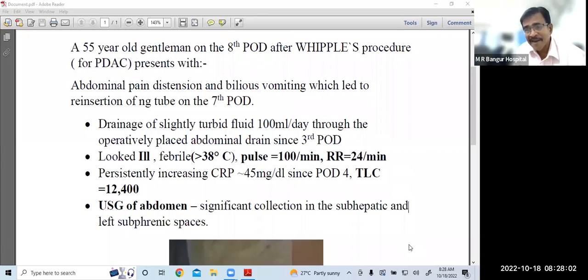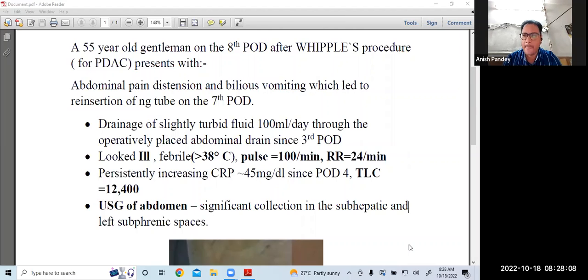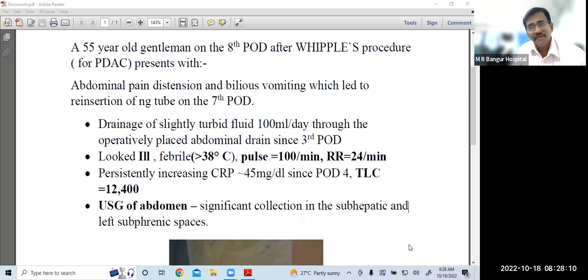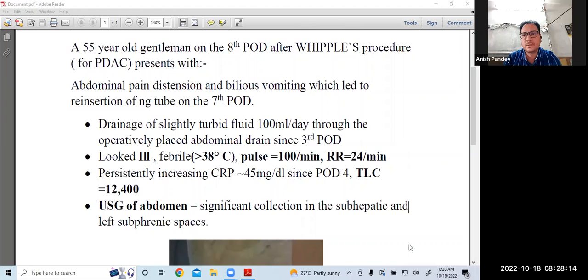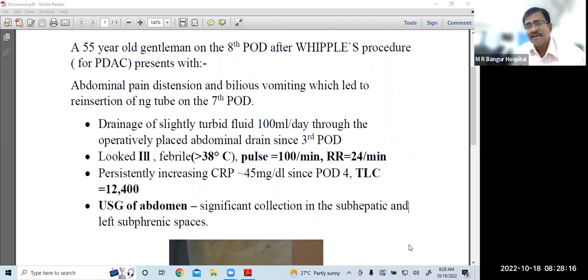The duct becomes wider. So if you do anastomosis in this situation, the chance is little less than when you are operating for a duodenal tumor, where PD is not affected, or an islet cell tumor. There are situations where the PD is not dilated and the gland is soft, so there is more chance.